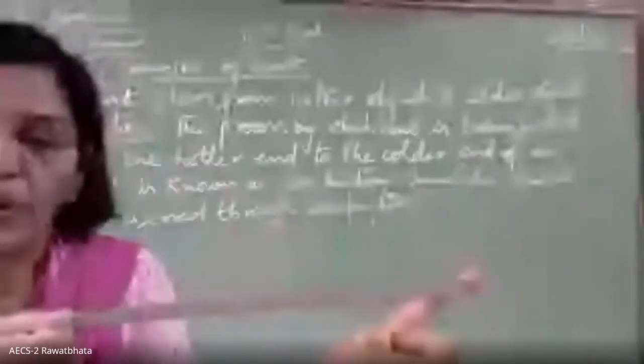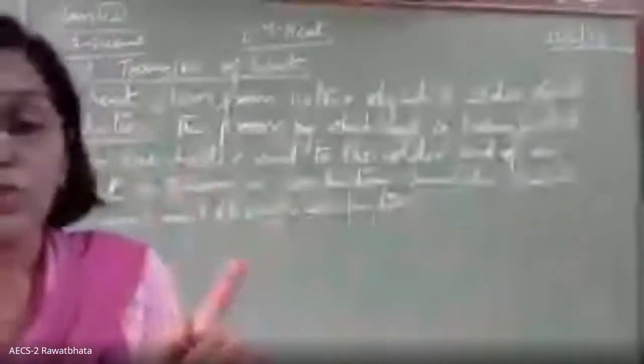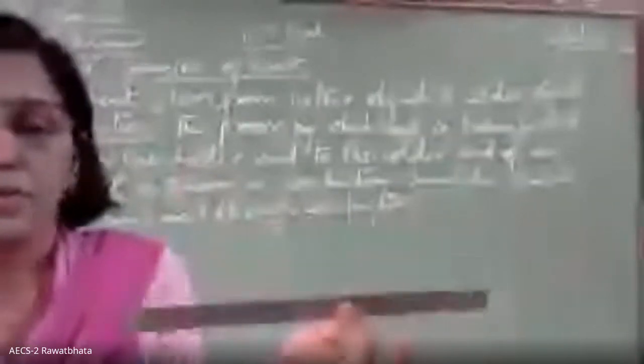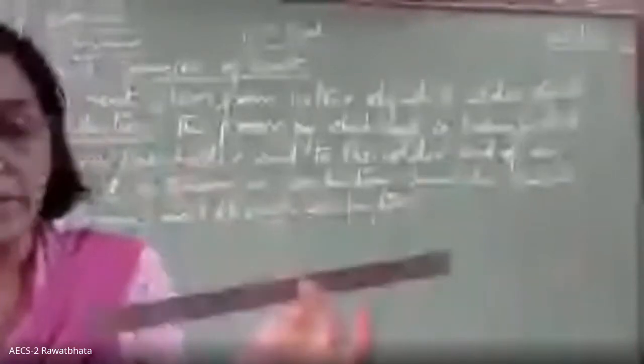Remember that. From one end to the other end. It goes this way only. The transfer of heat takes place this way, one end to the other end. This is conduction because the metallic scale is solid.